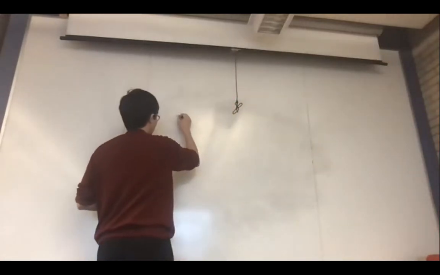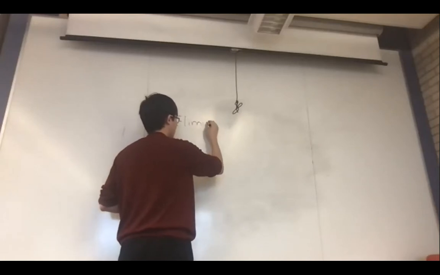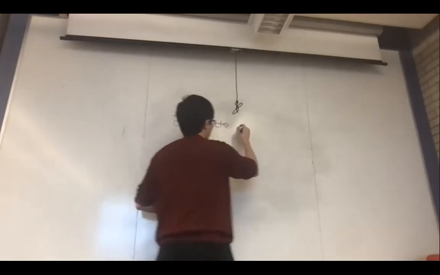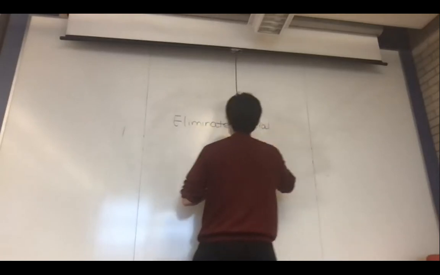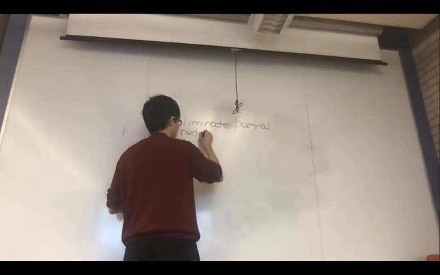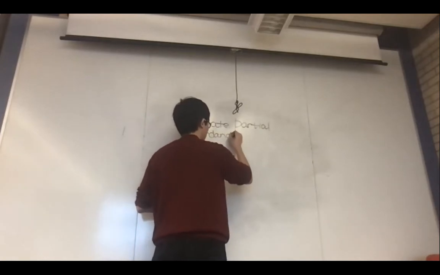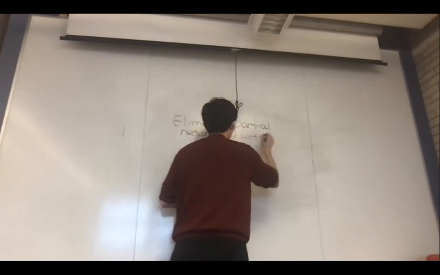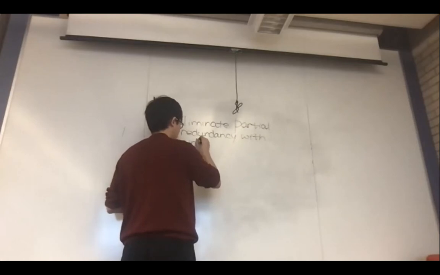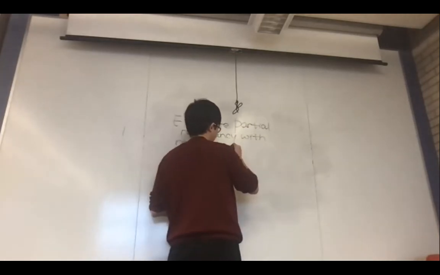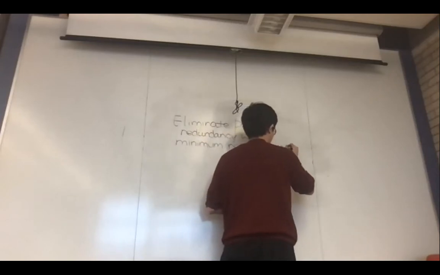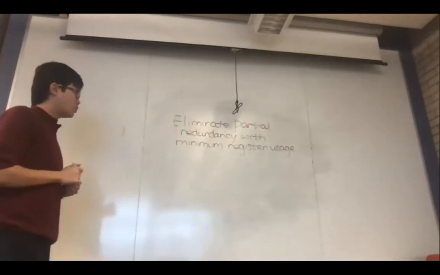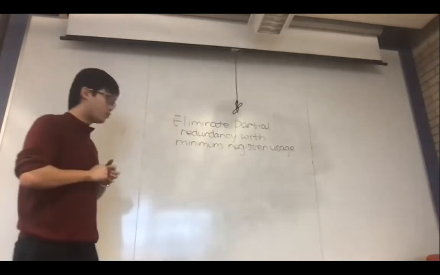The goal of lazy code motion, as we will be seeing in this tutorial, is to eliminate partial redundancy with minimum register usage.